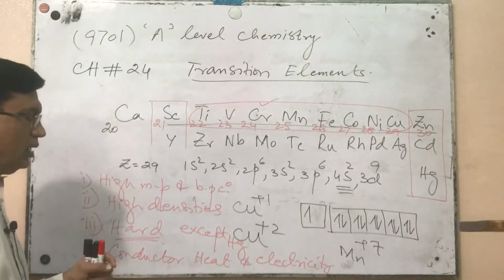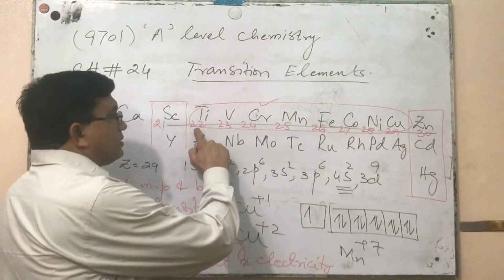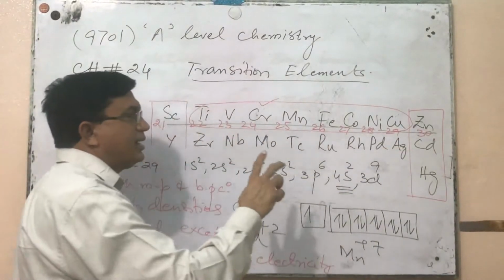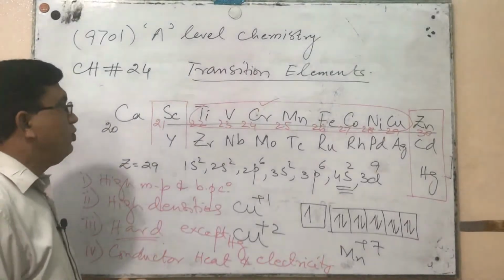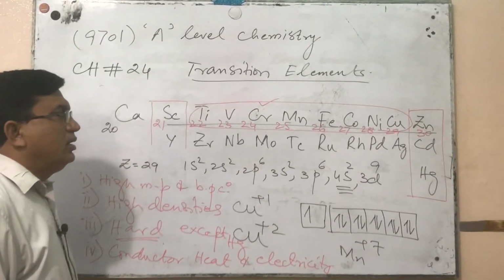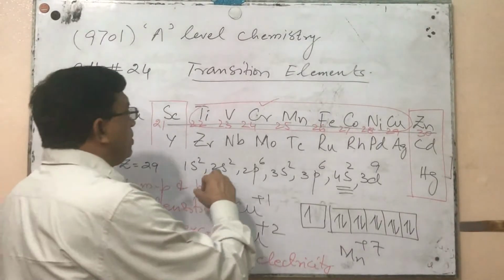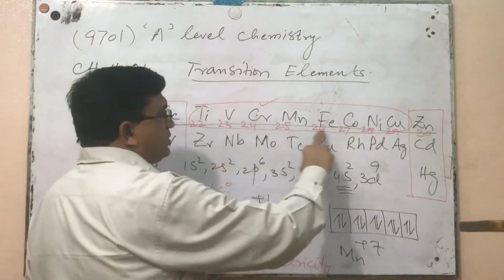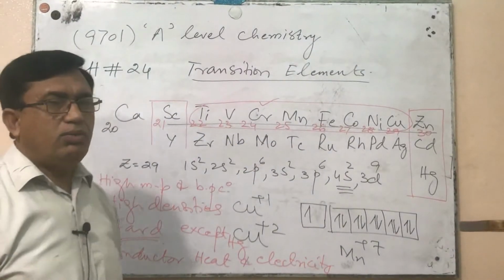Now, if we discuss their atomic radii, generally we have observed that as we move in the period from left to right, the size of an atom decreases. But if we look at the first transition series, there is no big change in their atomic radii. Why?